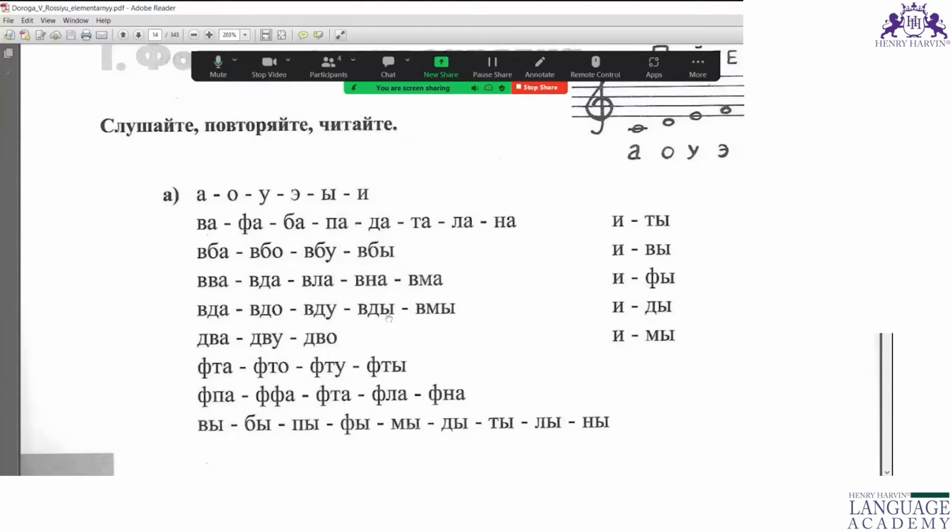Вда, вдо, вду, вди, вми. Два, дву, дво. Vishal? Два, дву, дво. Okay, so и ты, и вы, и мы. We will skip it. I think it is okay with everyone.